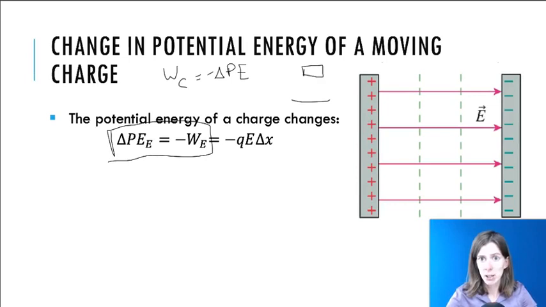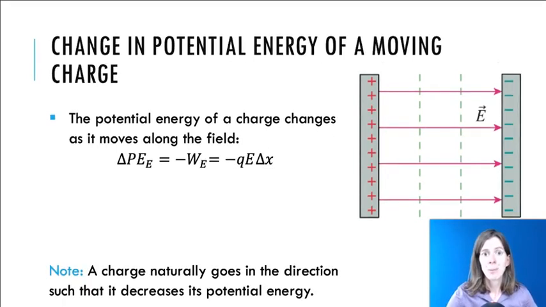When gravity acts on a book and pulls it down, that work done by gravity reduces the potential energy of the book. The electric force is also a conservative force, and thus the work done by it is a negative change in potential energy. So in this equation, I'm just solving for the change in potential energy. It equals the negative work, and we just saw in the previous slide that the work was QE delta X, so now we just have a negative in front of it.